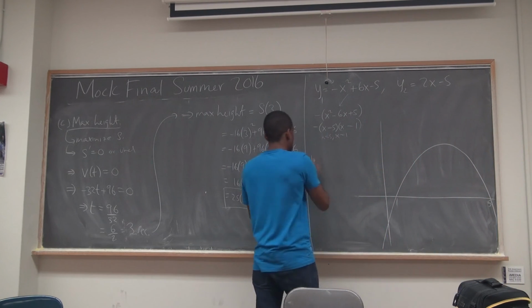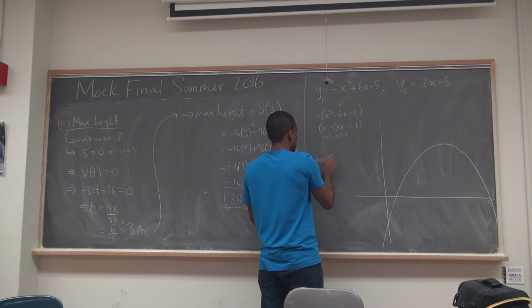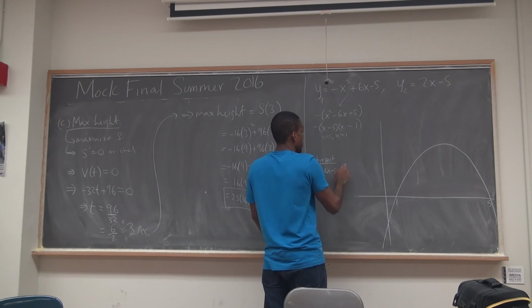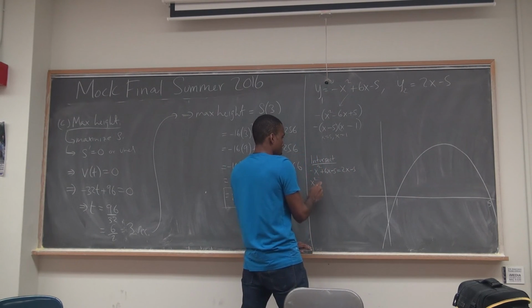Where do these intersect? Minus x squared plus 6x minus 5 equals 2x minus 5. That gives minus x squared plus 4x equals 0.